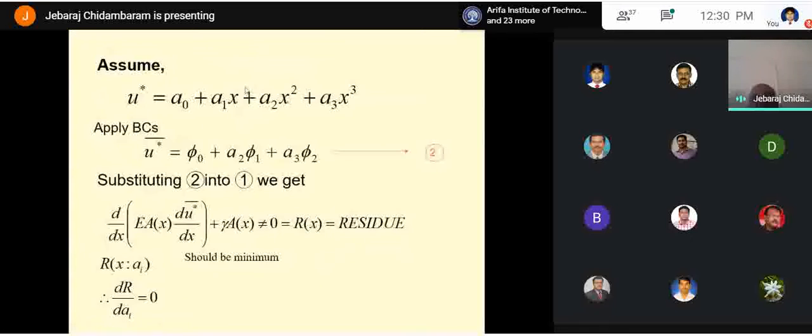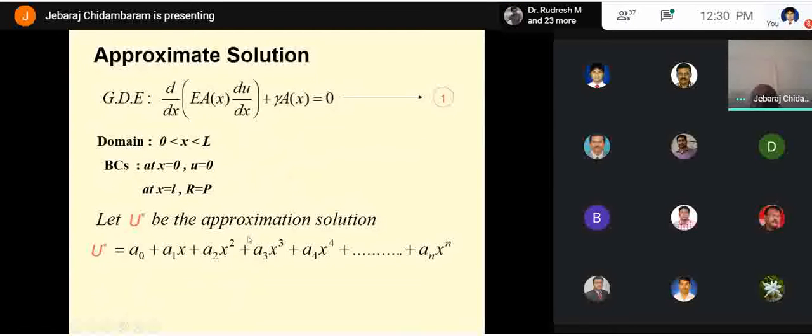I assumed a u star and applied the boundary conditions, and I got u bar star. So d by dx of EA into d u bar star by dx plus gamma x, compared with d by dx of EA into du by dx plus gamma x equal to 0.